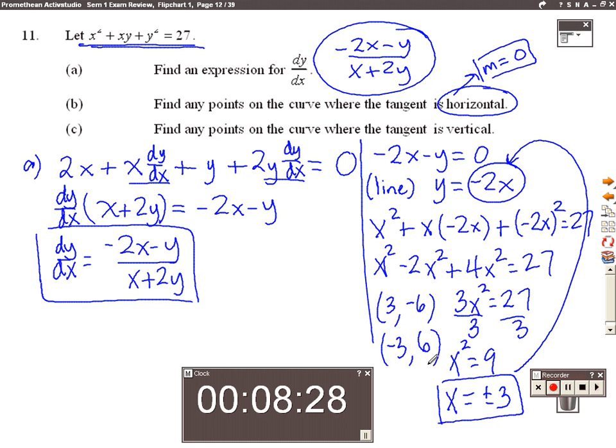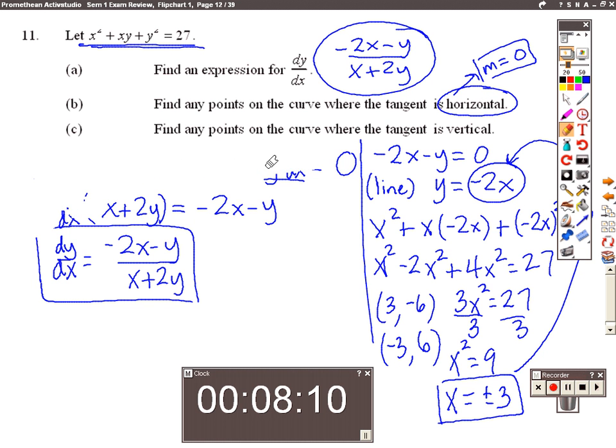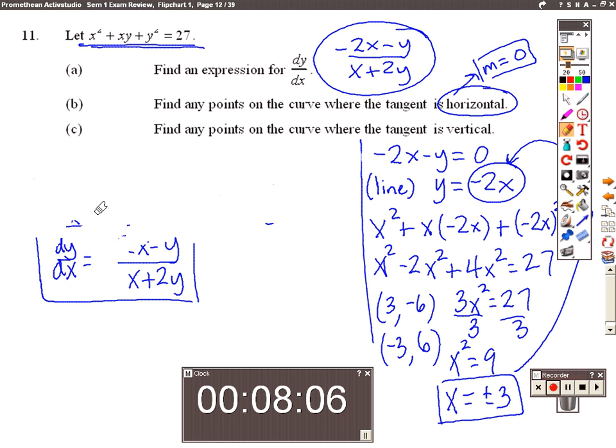So those would be the points on this curve where the derivative would be 0 and there would be horizontal tangents. Alright, let's look finally at the next question. We're looking for any points where there are vertical tangents. So in this case, if we have a vertical tangent line, the slope of that line would be undefined.